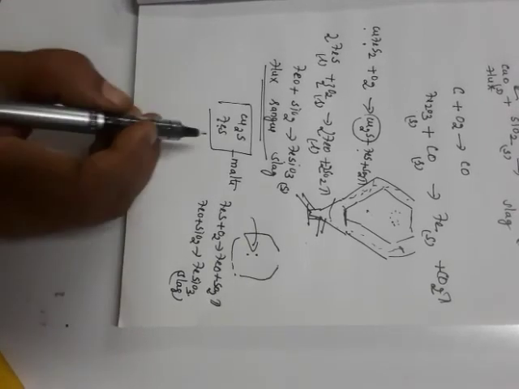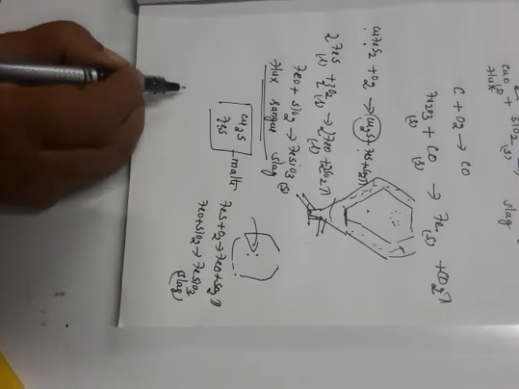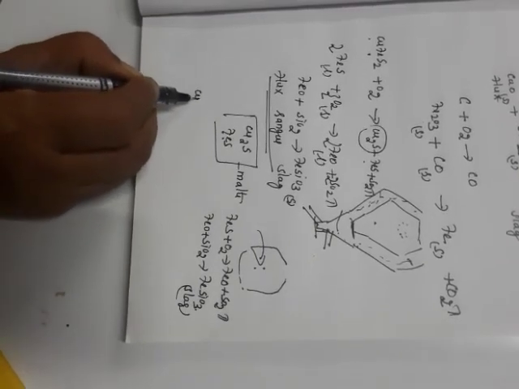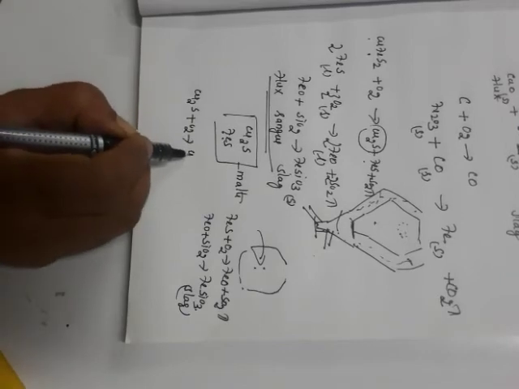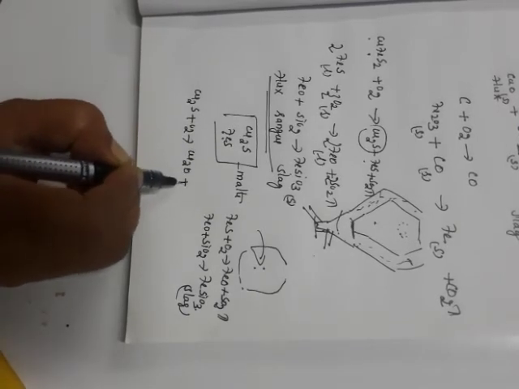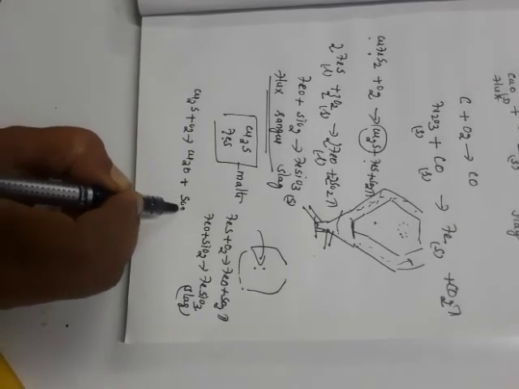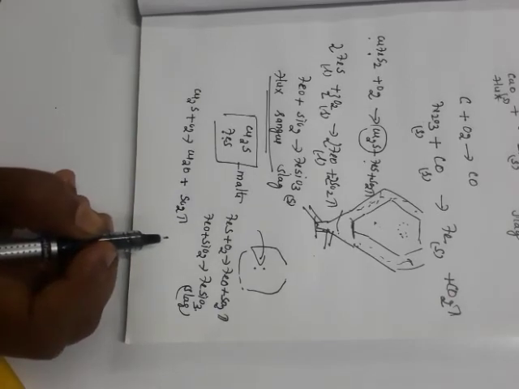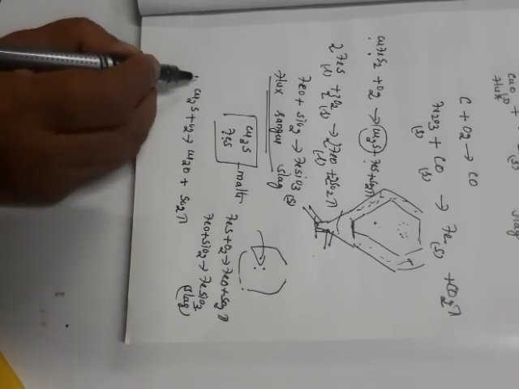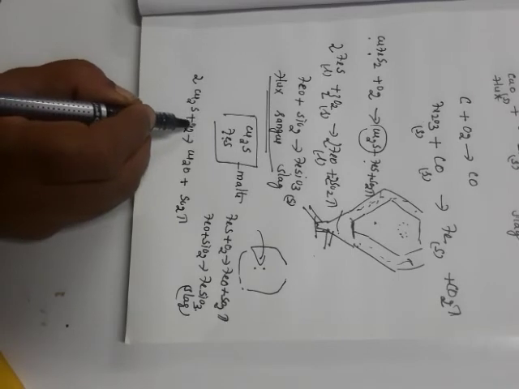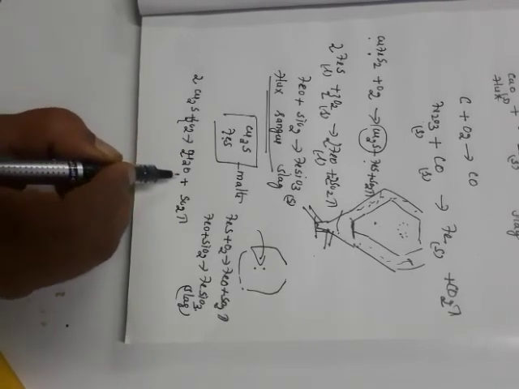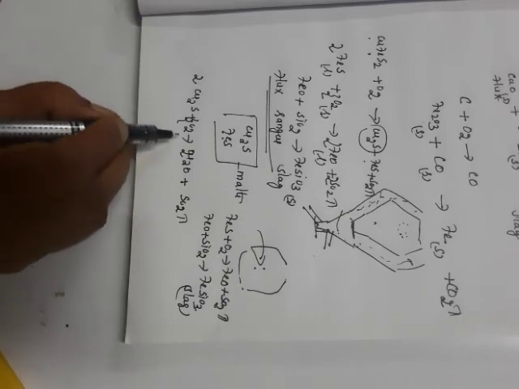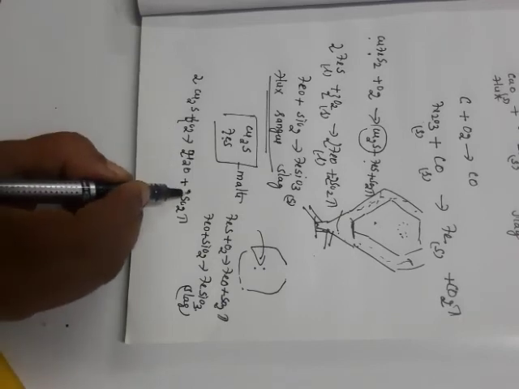Now this cuprous sulfide, Cu2S, with oxygen forms cuprous oxide Cu2O, plus SO2 gas expelled out. On balancing, 2Cu2S, 3O2, 2Cu2O, 2SO2.